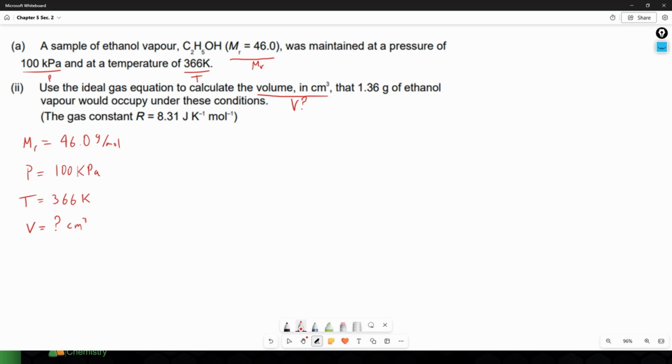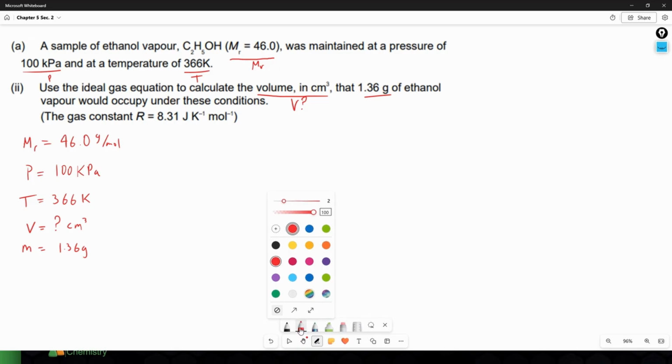The very last piece of information they give us is our mass, because it's in grams, which is 1.36 grams.